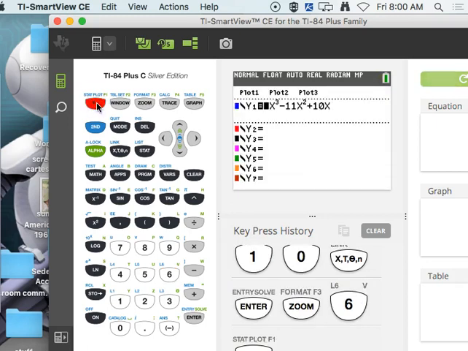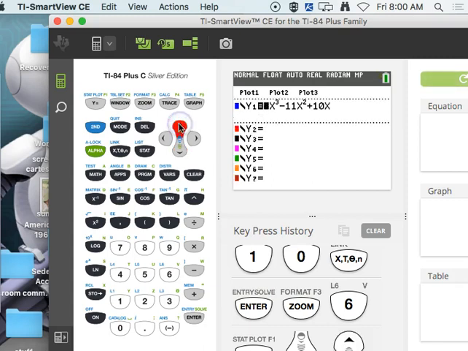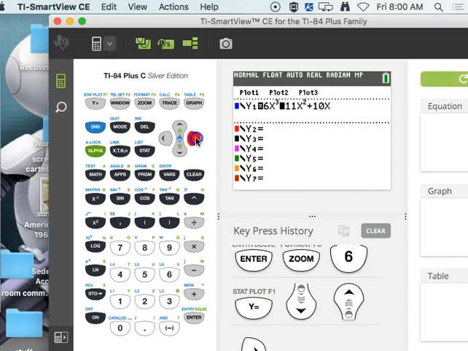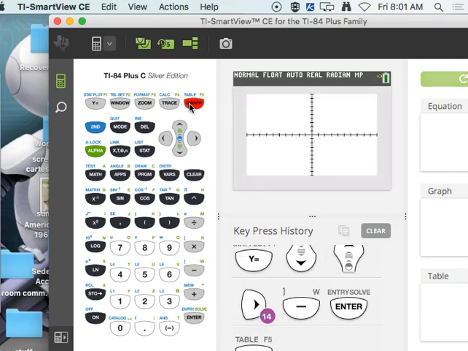Uh-oh, did it not take something I punched in? 6x cubed minus 11x squared. Rats. There. How do we figure out where that highest point is and where that lowest point is so we can be a little bit more accurate with our graph?